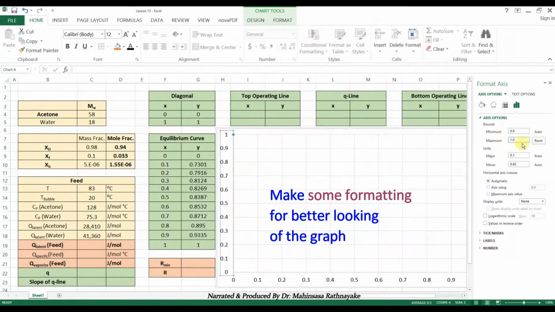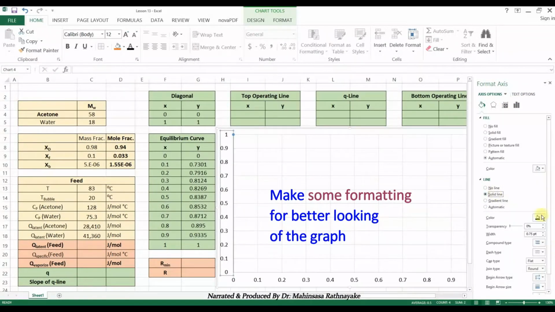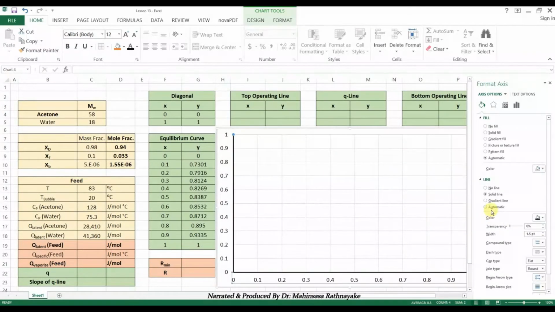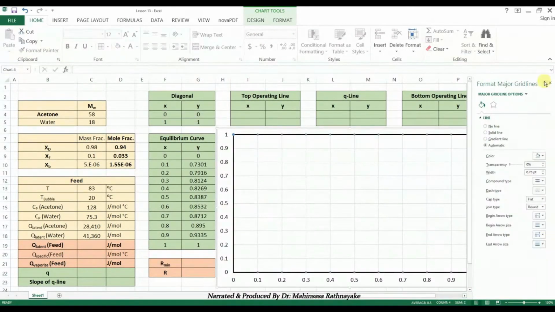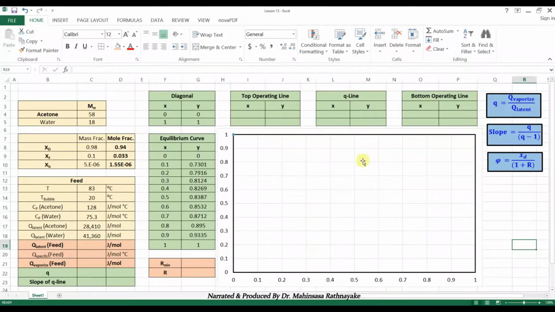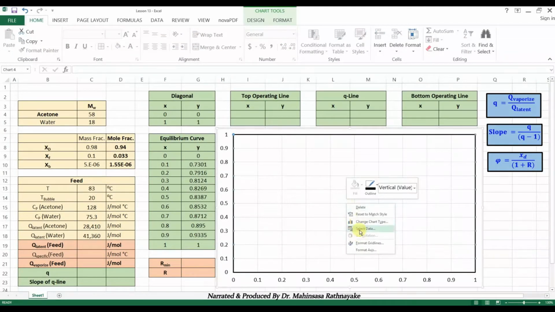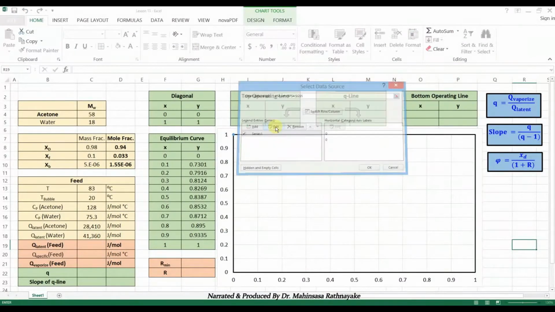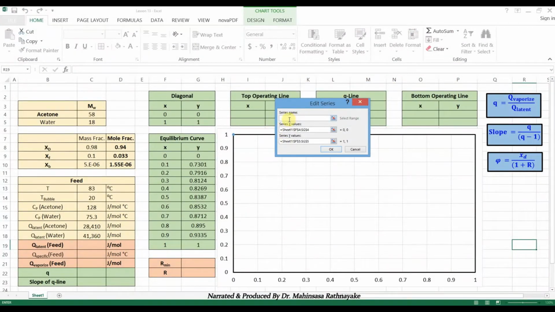Let's make some formatting for the better looking of the graph. Now, right-click and select data for the diagonal first. Let's name the series as diagonal and select X and Y axis values.